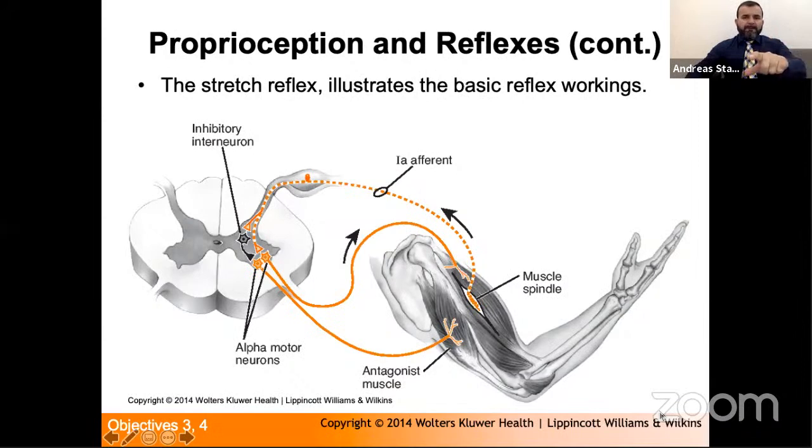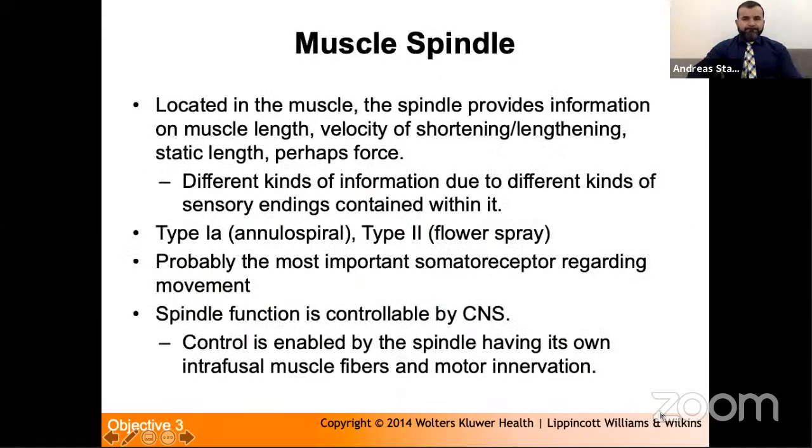One is going to the biceps, and you can see that's very simplistic, and another one going to the triceps. So the muscle spindle here initiates the whole thing. The two kinds of information are coming back. The one that goes to the biceps says, contract the biceps, so you can pull back. In order to contract one muscle that is paired with another, the other muscle has to relax. So the other information that goes to the antagonist muscle says, relax triceps, relax. Okay? So that's how it's happening.